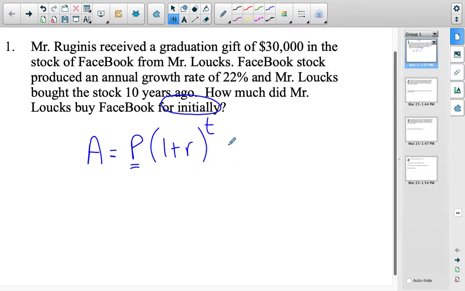So if we were to solve for P, we did this in a previous lesson, we're just dividing both sides by this term right here. So P, our beginning amount, is equal to A divided by 1 plus R to the T. And so here we've got an ending amount.